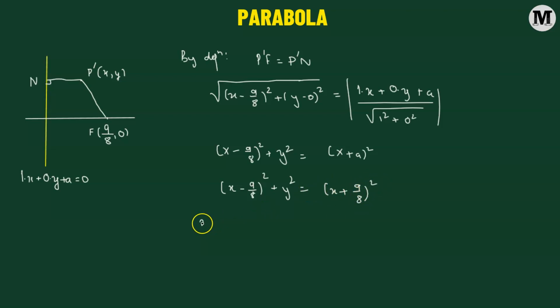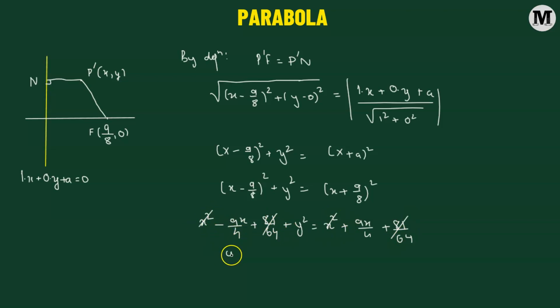Expanding it, we get x squared minus 9x over 4 plus 81 over 64 plus y squared equals x squared plus 9x over 4 plus 81 over 64. So we can cancel out 81 over 64 as well as x squared from both sides.